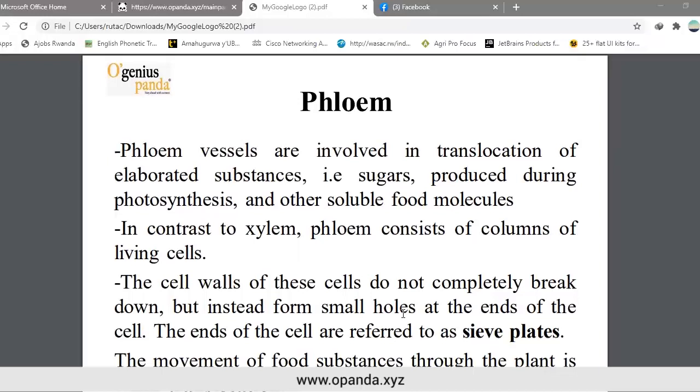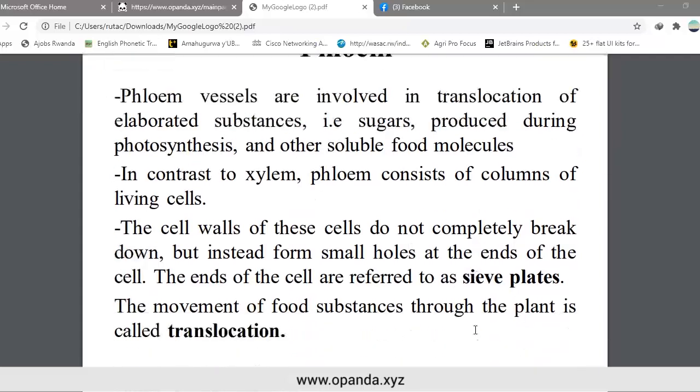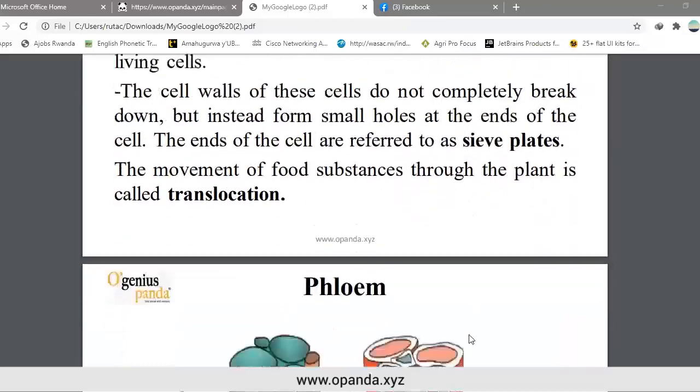The cell walls of these cells do not completely break down, but instead form small holes at the ends of the cell. The ends of the cell are referred to as sieve plates. The movement of food substances through the plant is called translocation.